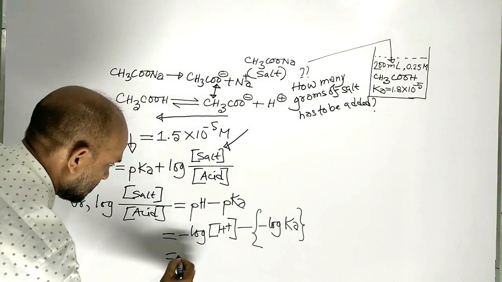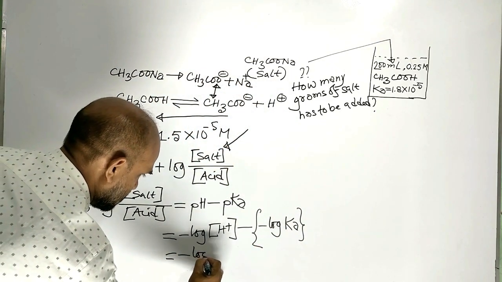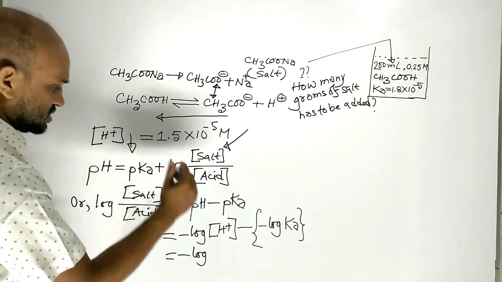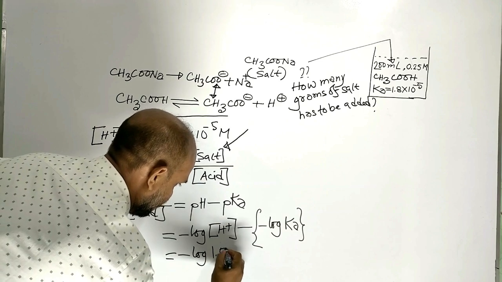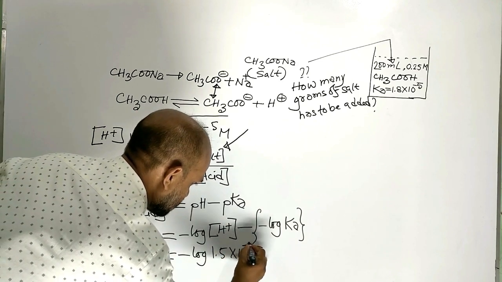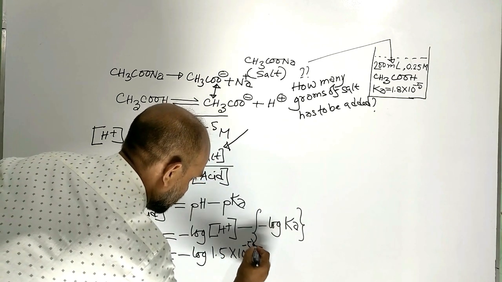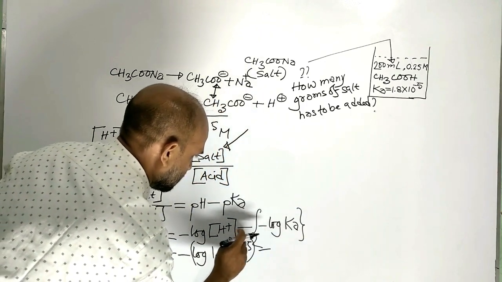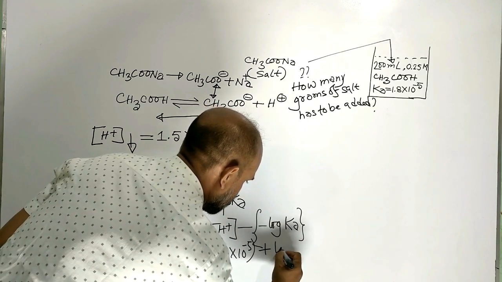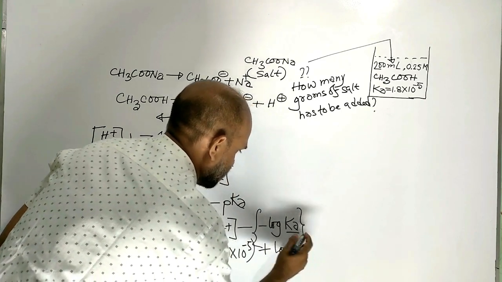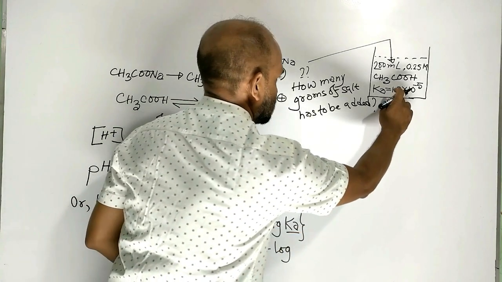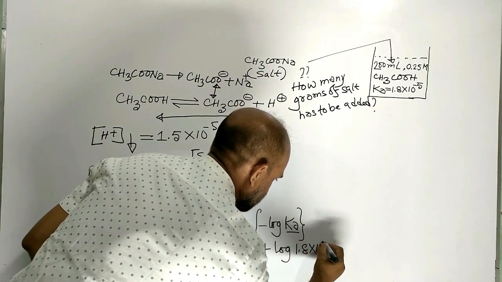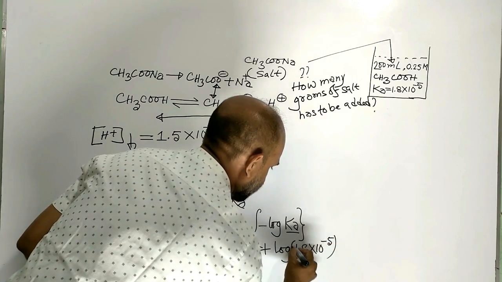Then minus log concentration of hydrogen ion, this 1.5 times 10 to the power minus 5, minus, here minus minus plus, log value of Ka, this 1.8 times 10 to the power minus 5.